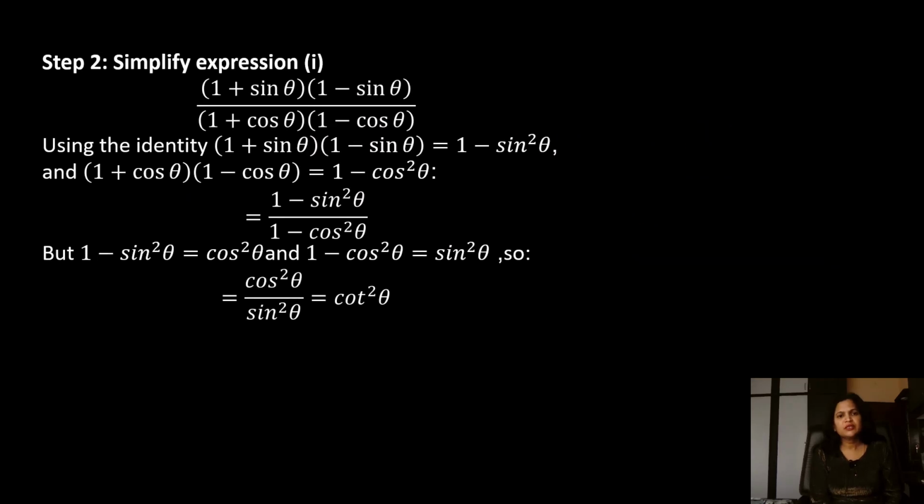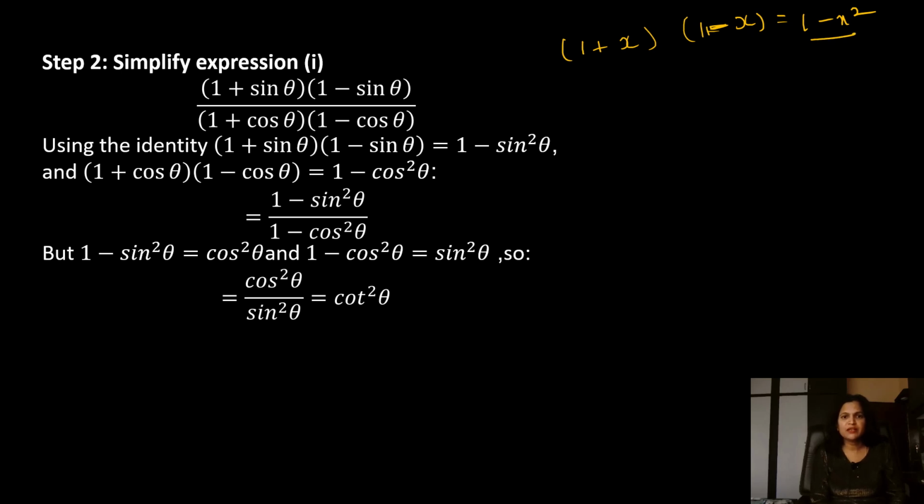Simplify the expression. First is (1 plus sine theta)(1 minus sine theta) divided by (1 plus cos theta)(1 minus cos theta). Using the identity, (1 plus sine theta)(1 minus sine theta) is 1 minus sine square theta. We have the formula (1 plus x)(1 minus x) equal to 1 minus x square.